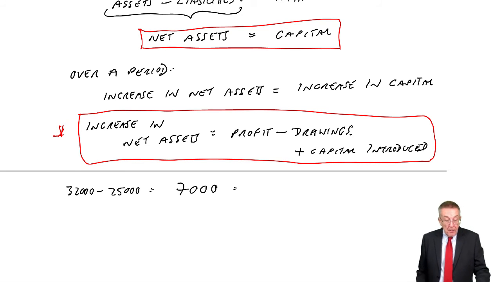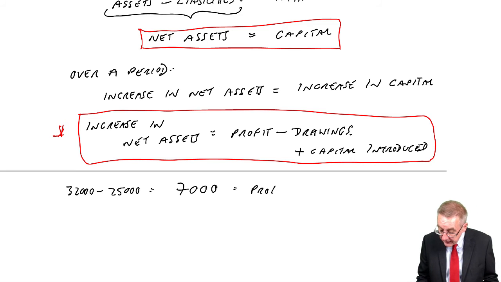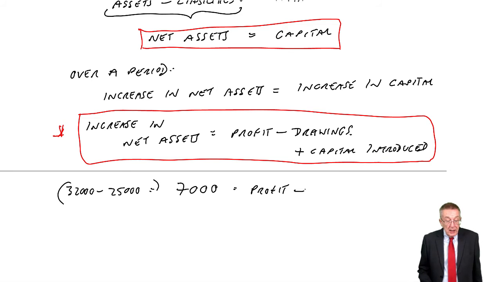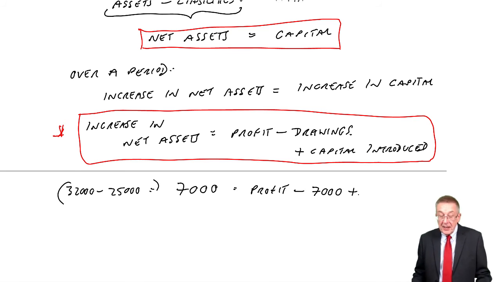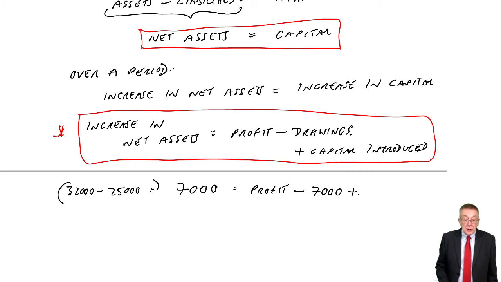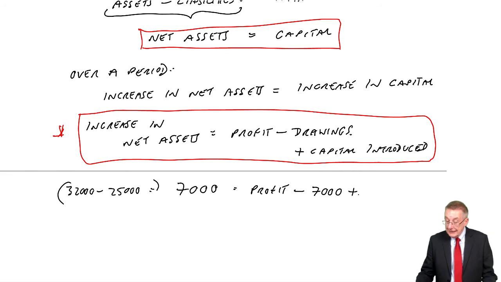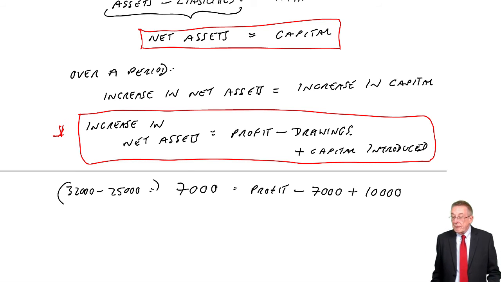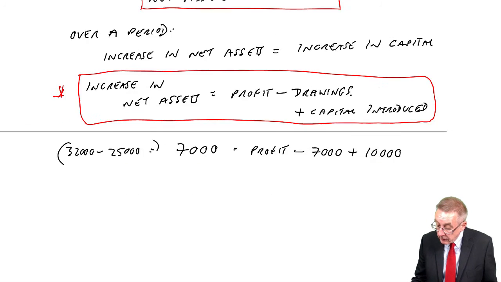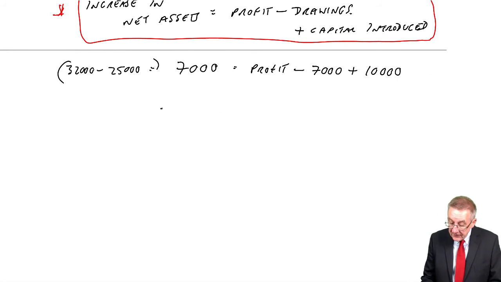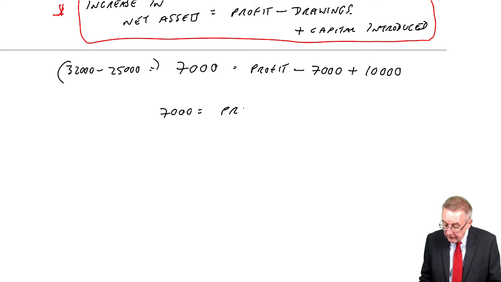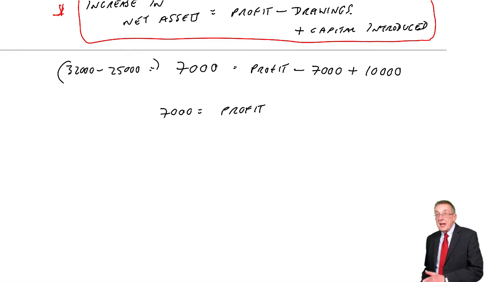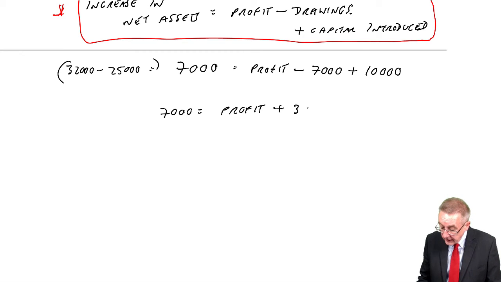And that must be equal to the profit, which is what we're trying to find, minus any drawings. Well, it tells us the drawings were 7,000. Plus any capital introduced. Well, they'd introduced more capital of 10,000. We want the profit, it's the missing figure. Some of you will be able to write it straight down, but for everybody's benefit, 7,000 is the profit minus 7 plus 10, which is plus 3,000.